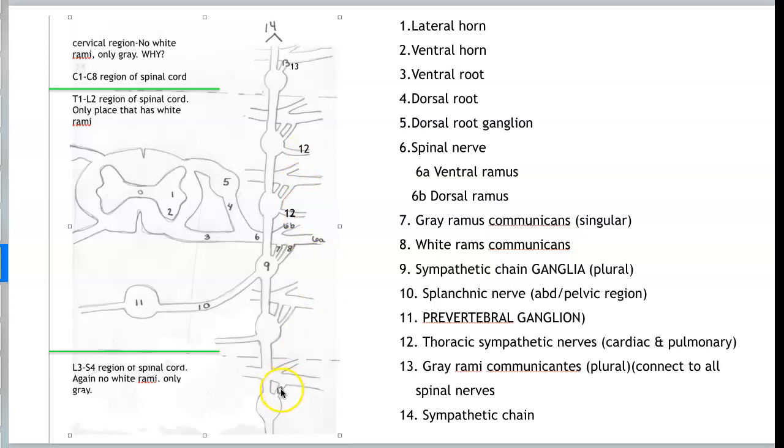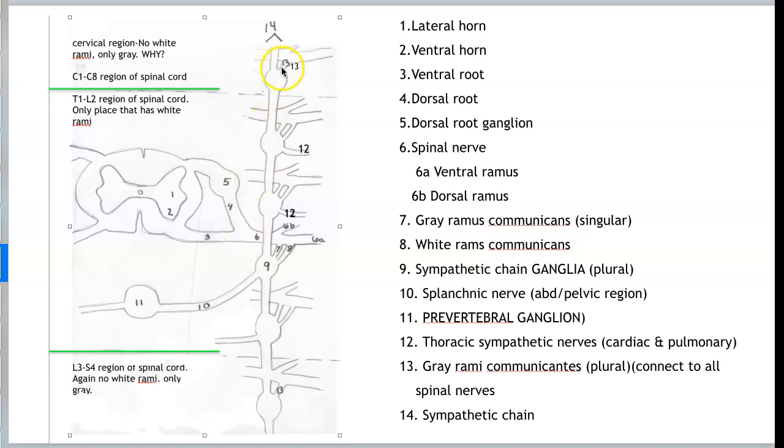Number 13. Here we have our gray rami communicans that are connecting to spinal nerves L3, 4, 5, S1, S2, S3, S4. These are connecting to spinal nerves, the gray rami communicans. Remember, there is no white rami communicans below L2.